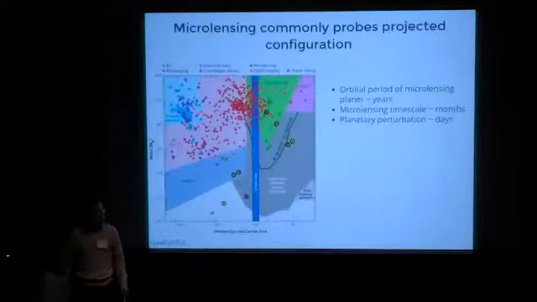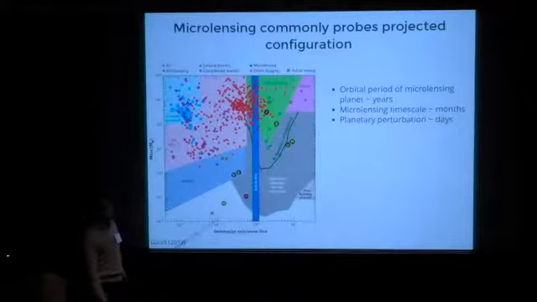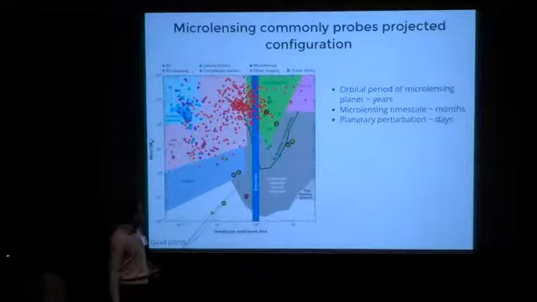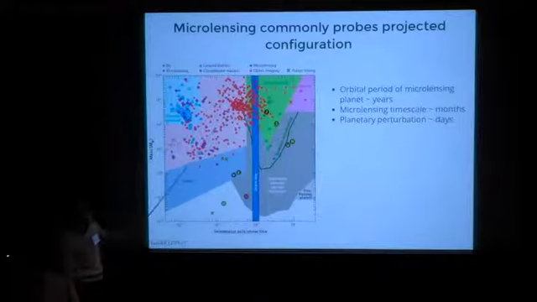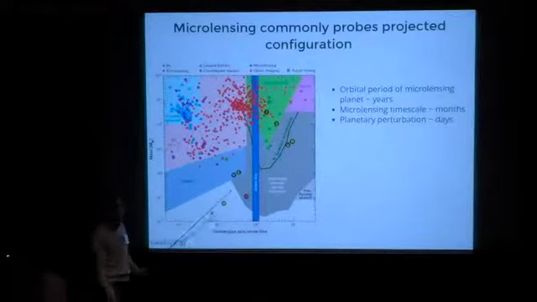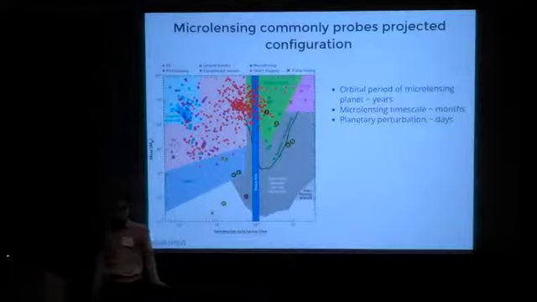So why is it hard to get orbital information about planets from microlensing, right? This is a plot from Scott's review paper, and you can see microlensing is probing the planets close to and slightly beyond the snow line, and the orbital periods of these planets are typically a few years.